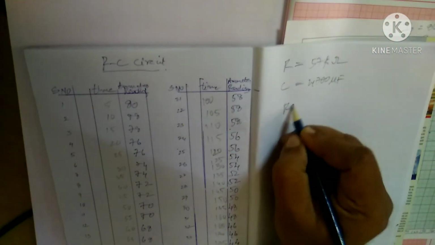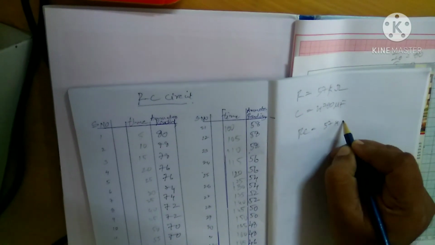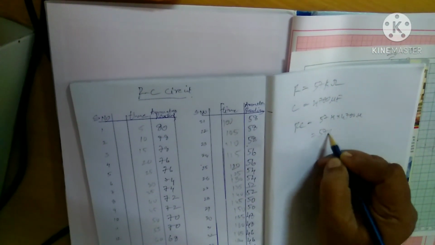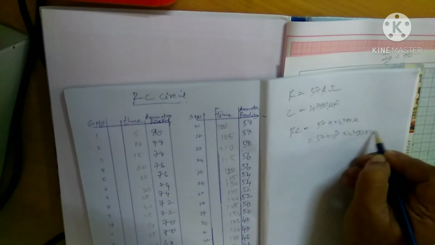So what is the value of RC? We are going to multiply 57 kilo into 4700 micro, which is nothing but 57 into 10 power 3 into 4700 into 10 power minus 6.